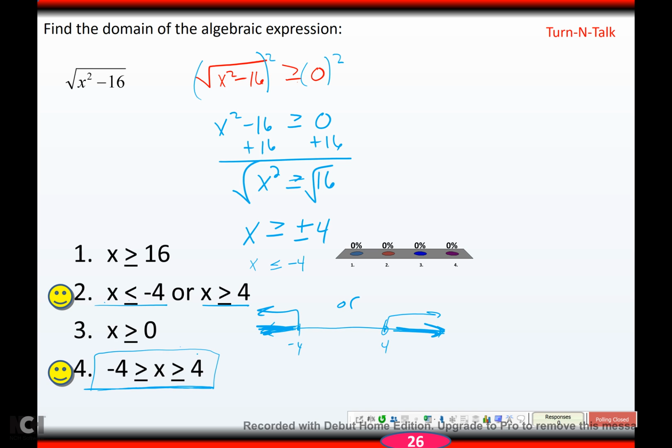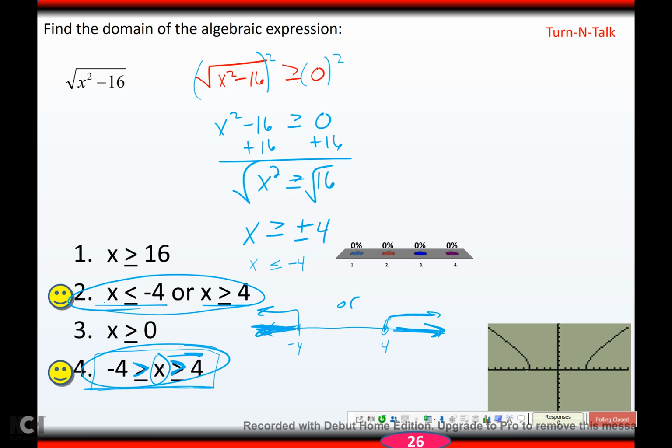But if you look at it, this says x is less than negative 4, which is all of these, and this side says x has to be greater than 4, which is all of these. So you can write your answer either way. And if you look at the graph, you can see there's my negative 4, there's my positive 4, and you have graph all the way to negative infinity and graph all the way to positive infinity, but nothing in the middle.